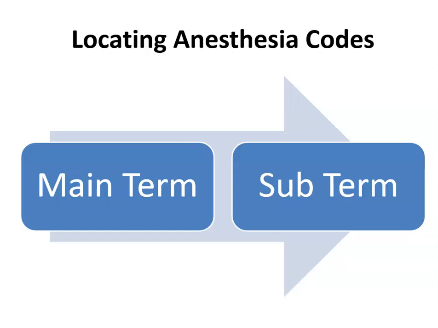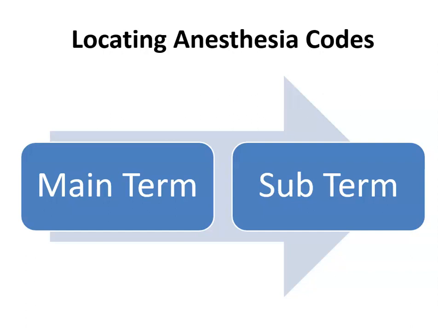And what you want to do is start there when you're coding for the anesthesiologist. Why, you may ask? Well, first up, remember, anesthesia codes start with a 00. So if you notice on page 904, 905 in your CPT manual, those anesthesia codes start with a 0.